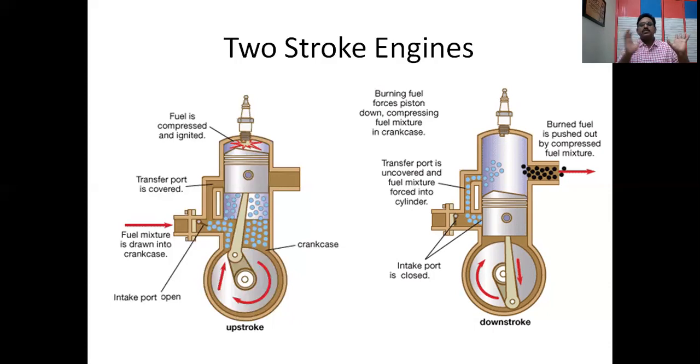So these are the working principles of two-stroke engines, whether petrol or diesel.